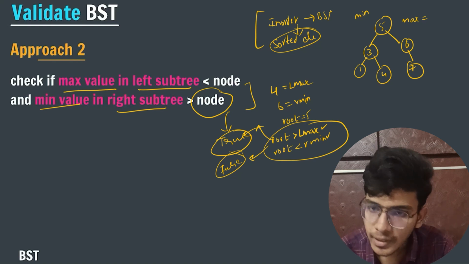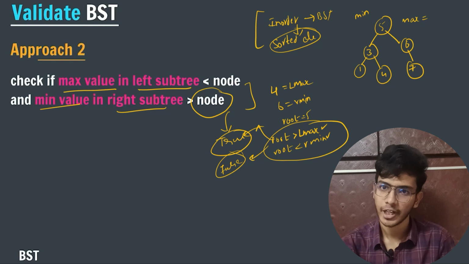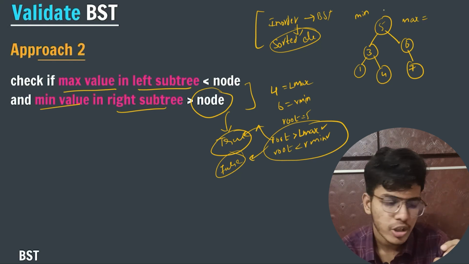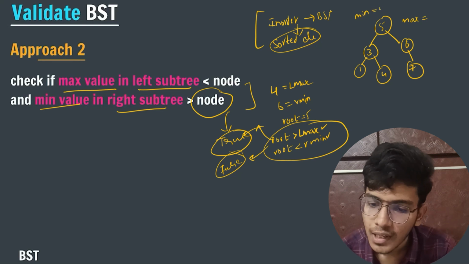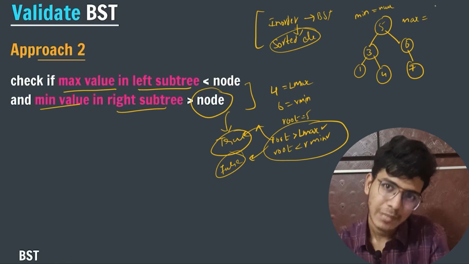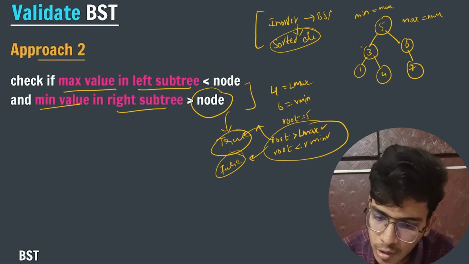For my root node, the minimum can be minus infinity and the maximum can be plus infinity, so it doesn't have any restriction. If it doesn't have any restriction, I will initialize it with null. So for this root node, the minimum can be anything, meaning null, and the maximum can be anything, meaning null. Now I will come to the left part.